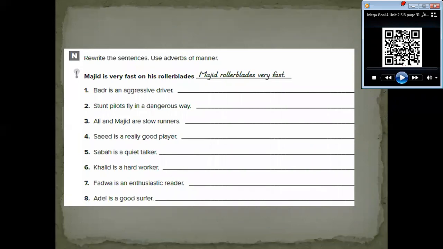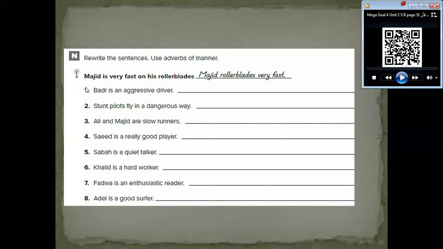And I told you before, we use the adjective to describe what? We can use the adjective to describe what, and we can use the adverb to describe what. I want you to answer these two questions first before starting.